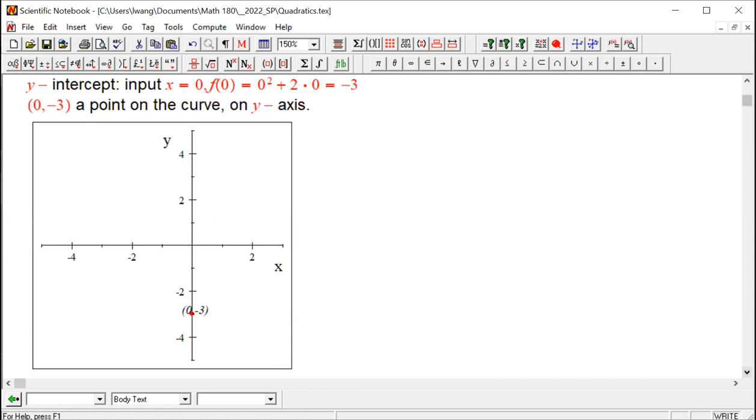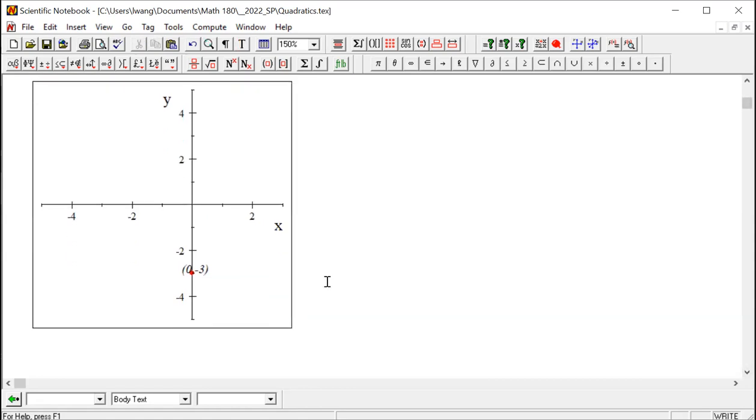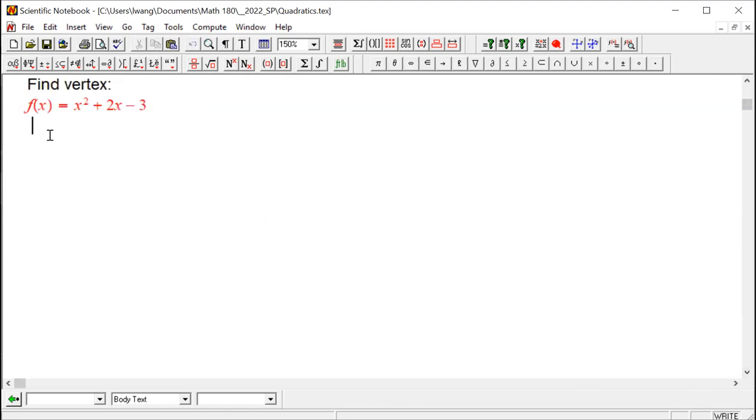So we're going to use the algebraic method we talked about from last lesson to identify the vertex. In other words, we're going to identify the h and k.